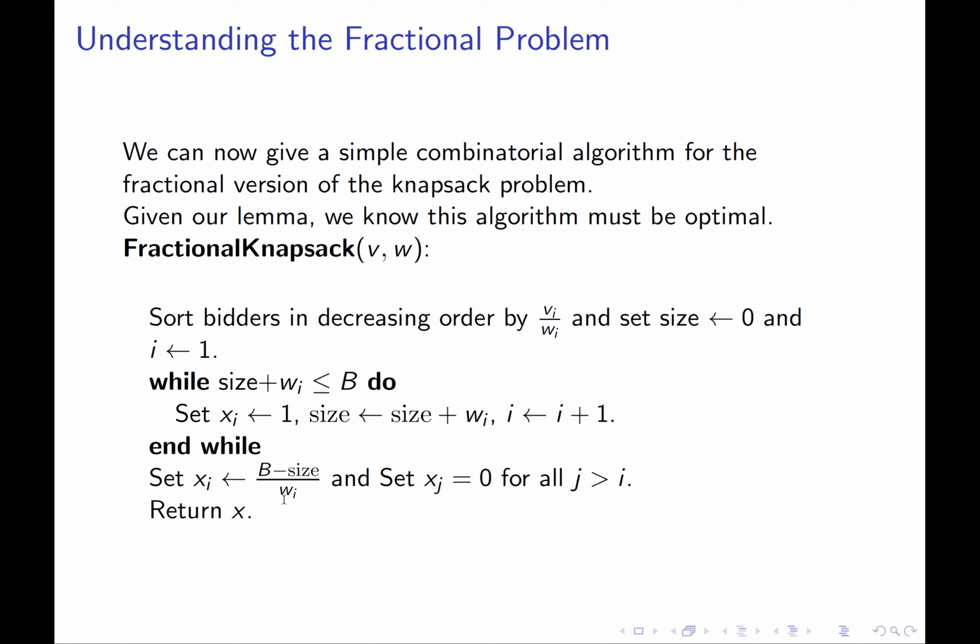Okay? And after we do that, the knapsack will be full. And so anyone who comes later in this value density ordering won't get allocated. We'll have to set xj to 0. And that's it. This is the only way you can possibly come up with an optimal solution to the fractional knapsack problem, given the structural lemma that we proved.